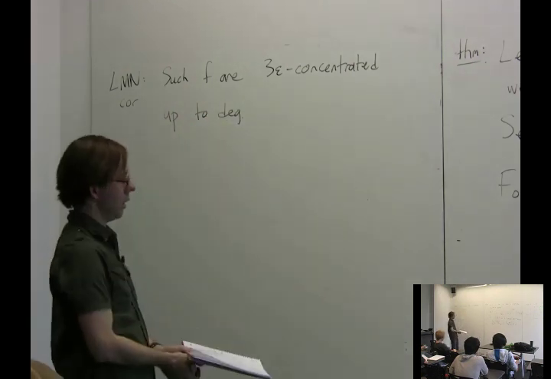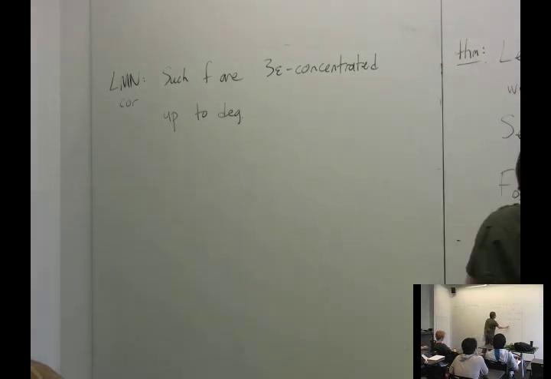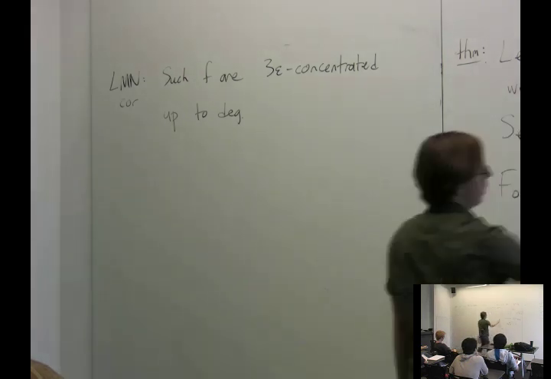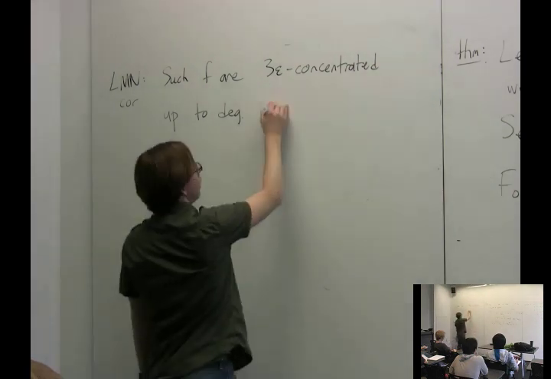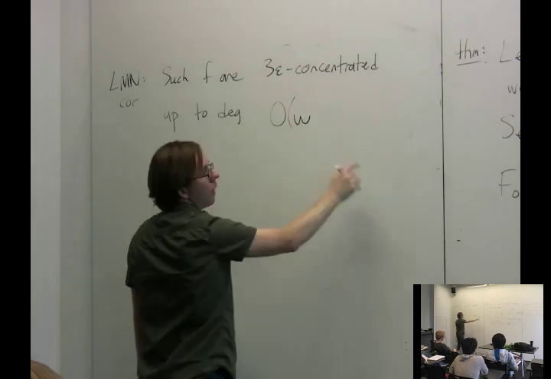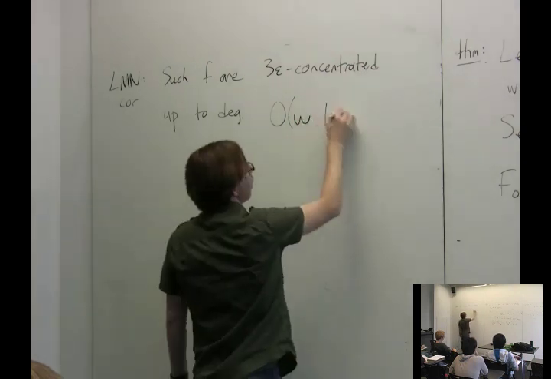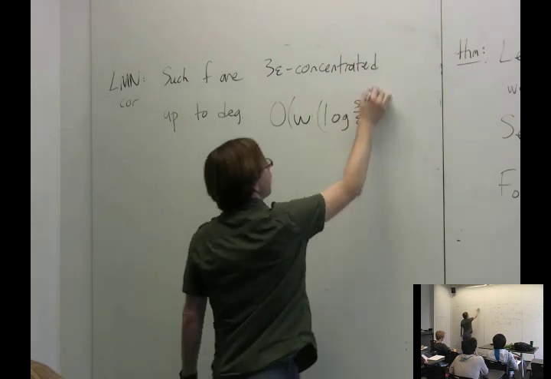We need 3 times this is the k times the reciprocal of this. So let me just start dropping the constants. We're going to get a w, and then log s over epsilon to the d minus 2.